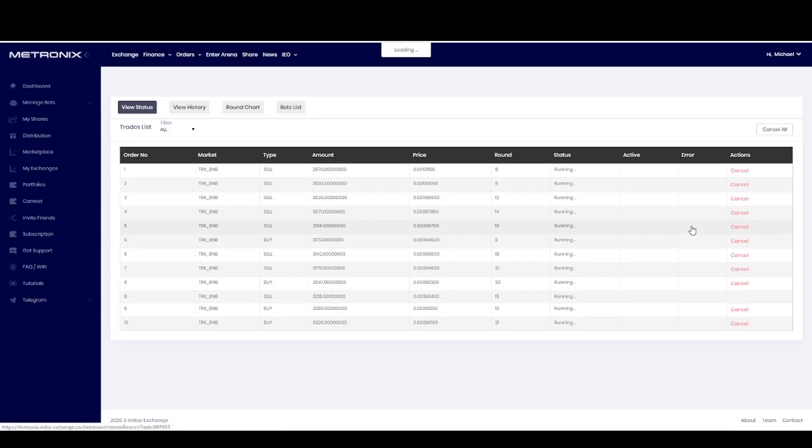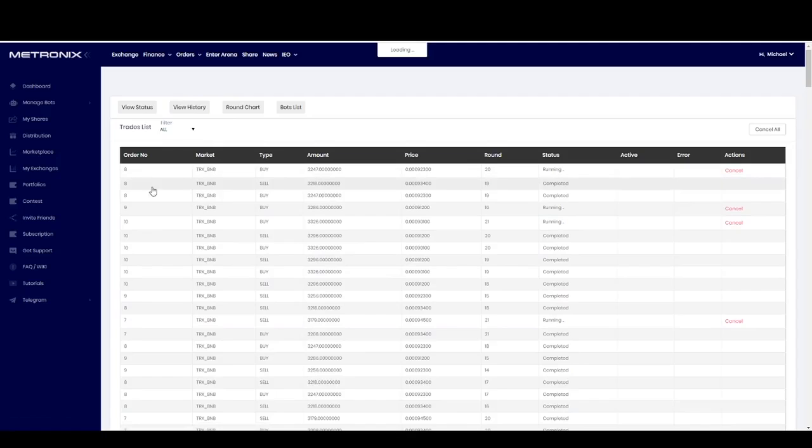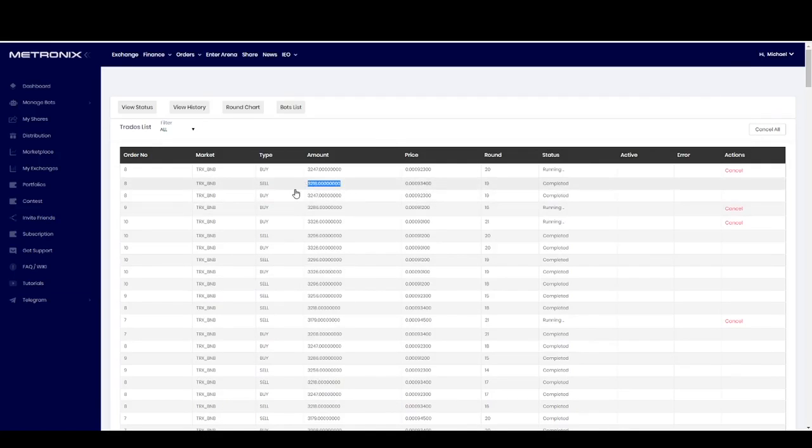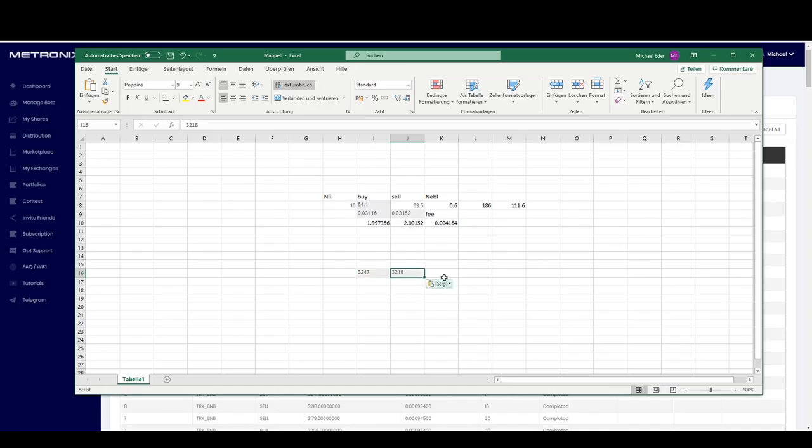This is very good if you want to open your own staking portfolio. You can see it also very well here in the history. This is the buy amount. Copy it here again. This is our sell amount. And here it is the same game.